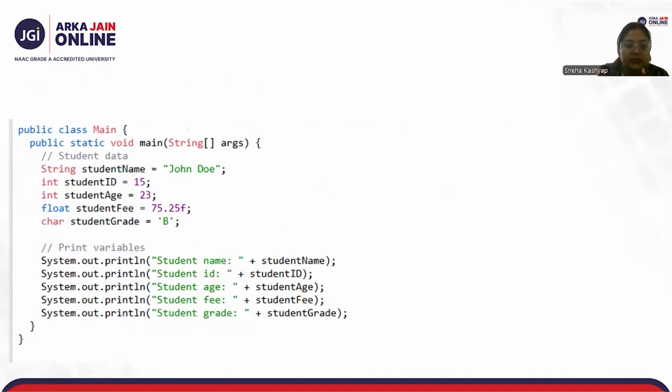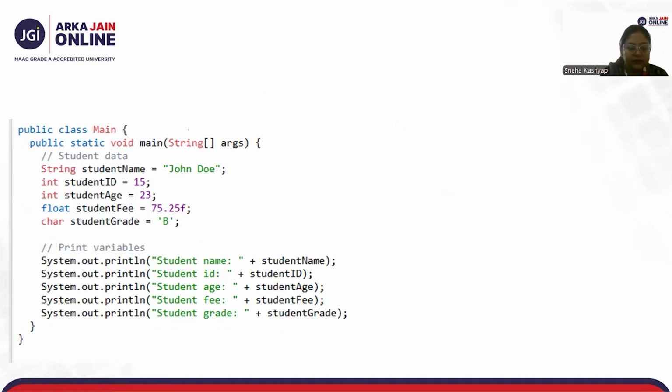Let's see another example. In this, I have taken data of a student. The student data contains the name, the ID, age, the fee of the student and the grade he has got. I've added a student name, say John Doe, and to this I have added the type as string.